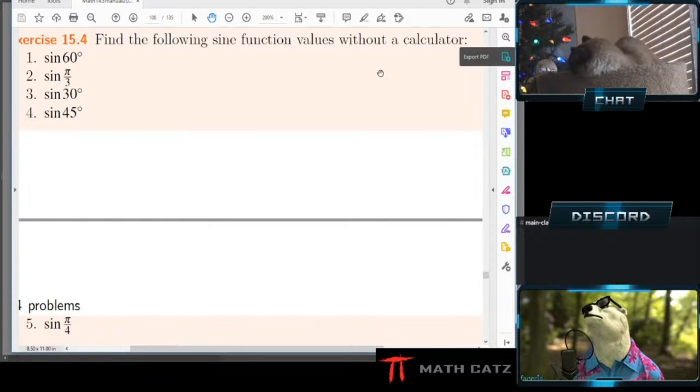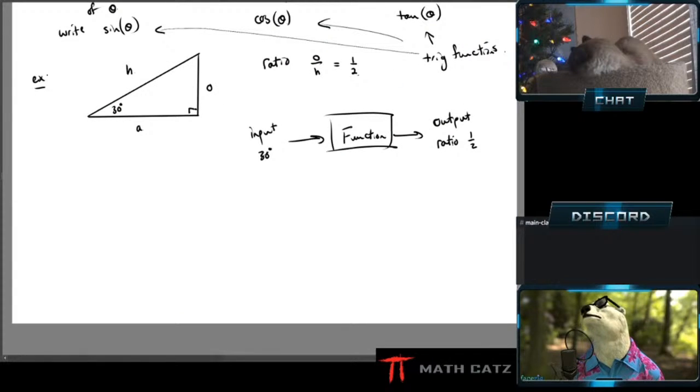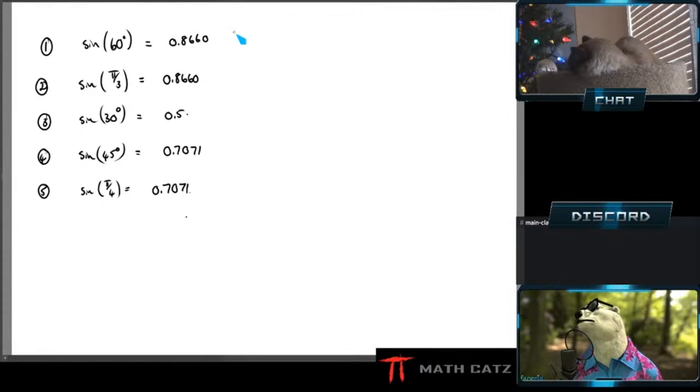If we focus on some familiar angles, 60 degrees, 30 degrees, 45 degrees, or their radian equivalents, pi over 3, pi over 6, pi over 4, which is best to memorize and know, we can handle them without a calculator. The calculator looked these values up for us, but where do these values come from if I don't want to round?